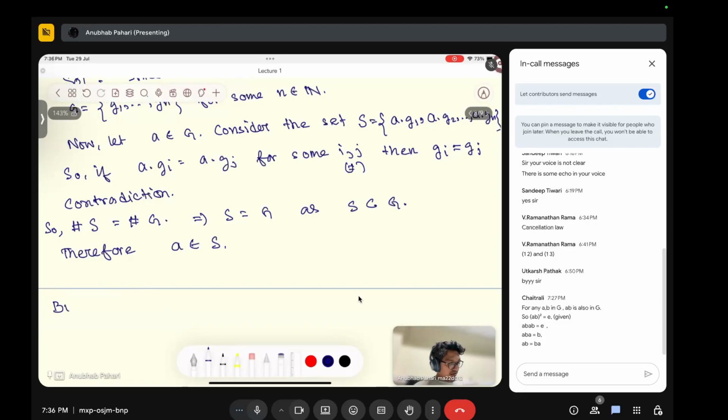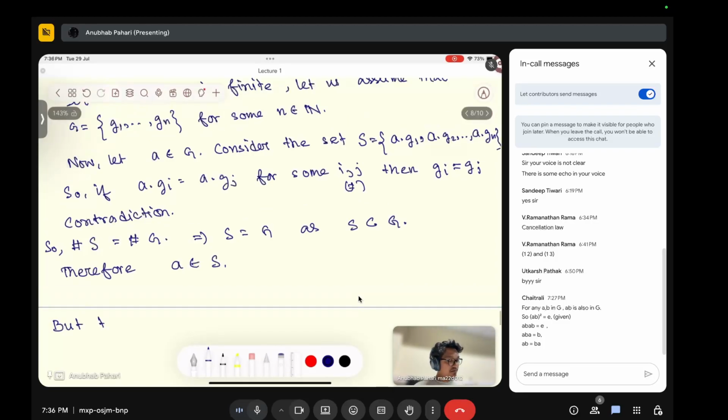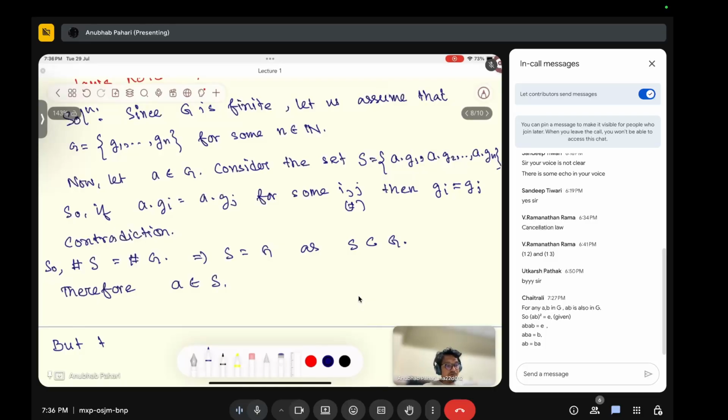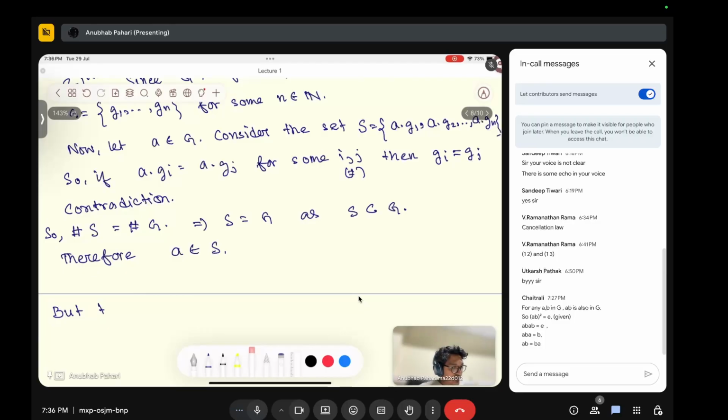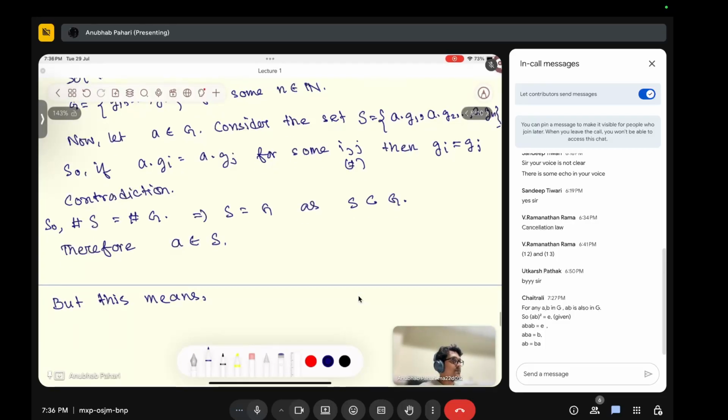Because originally we took a from G and we have shown that S equals G. So we have a belongs to S. But this means what, that a equals a dot gk for some gk belongs to G.